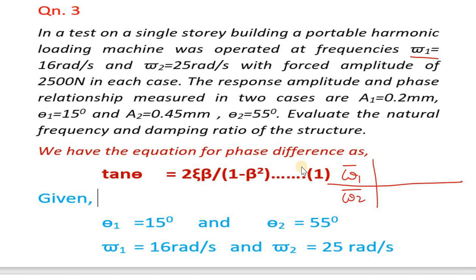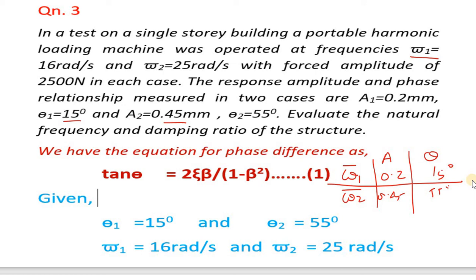In these two, I also have amplitude and phase. First, the amplitude is 0.2 and the phase is given as 15 degree. Next, the amplitude is given as 0.45 and the phase is 55 degree. Okay, this is my condition.